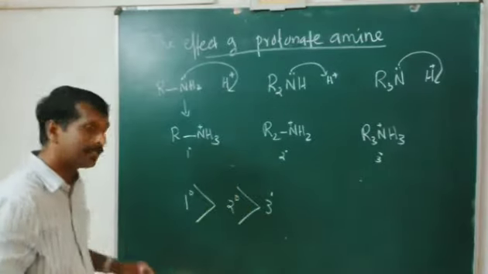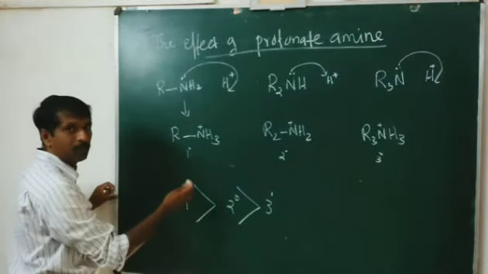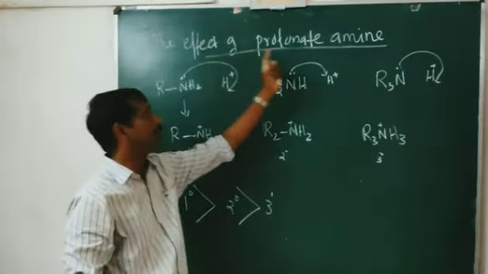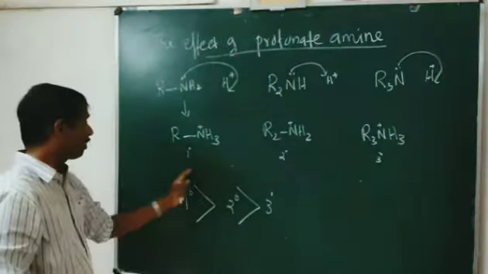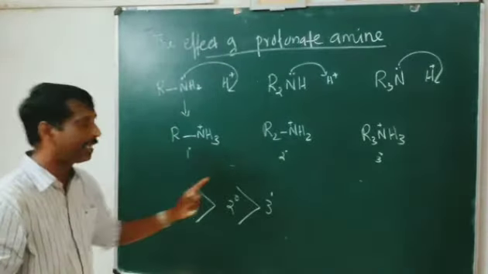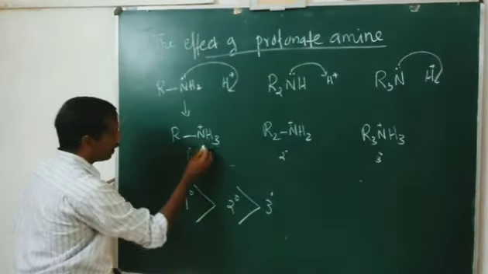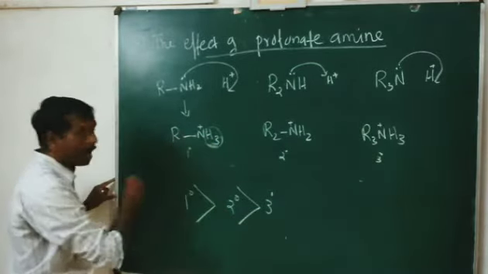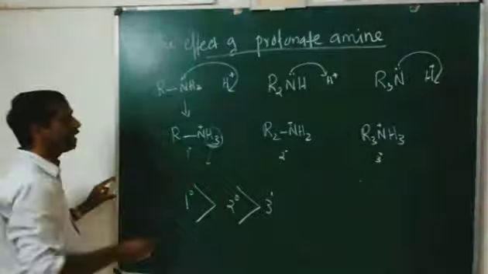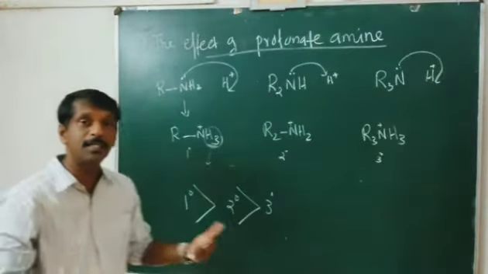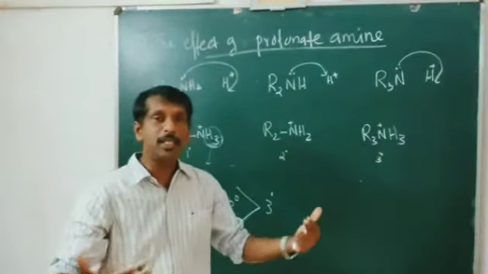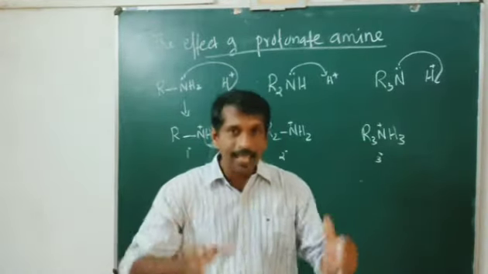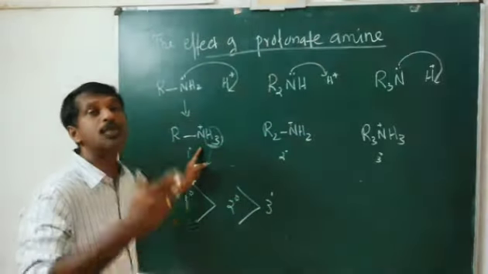Why is primary protonated amine most basic when you compare the basicity of protonated amine? The reason is that in primary protonated amine, the number of hydrogen atoms is 3. As the number of hydrogen atoms increases, its ability to make hydrogen bonds will also increase, and hence it will have more stability.